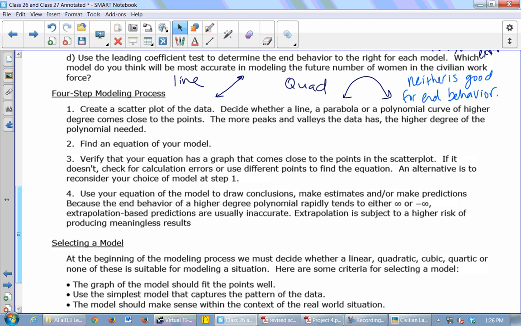But keep in mind, end behavior of a polynomial is not always a good model, right? So you have to be careful how far into the future you use a polynomial model. Extrapolation is the word we use for using a model to predict outside the data set. And it's subject to a higher risk of producing meaningless results.